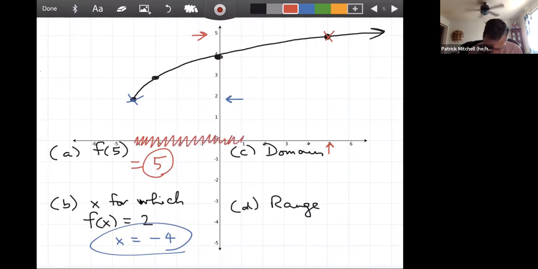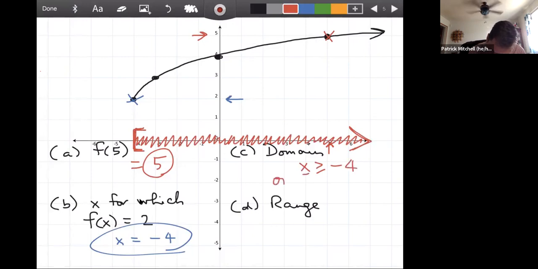It would start at x equals -4, and it would go forever and ever to the right. And the -4 would be included. So the domain of this function is x is greater than or equal to -4, otherwise known as bracket -4 comma infinity.